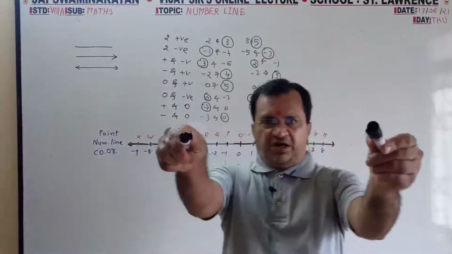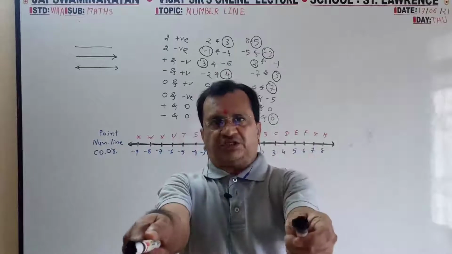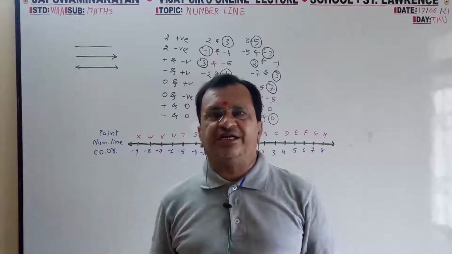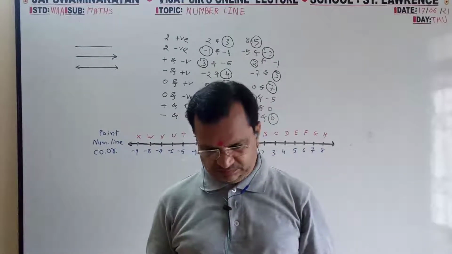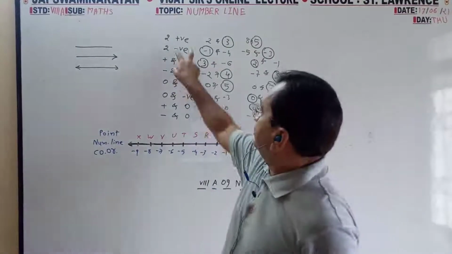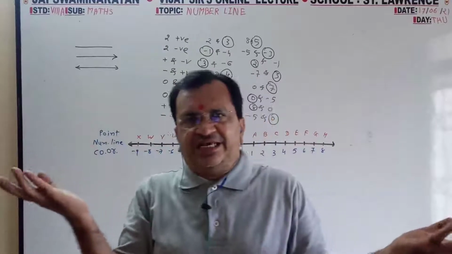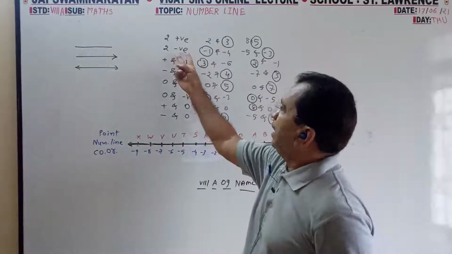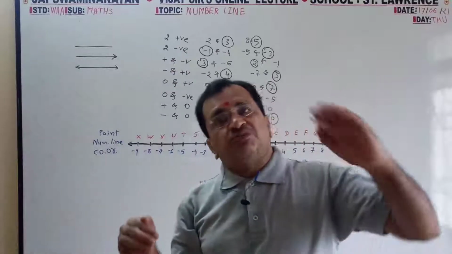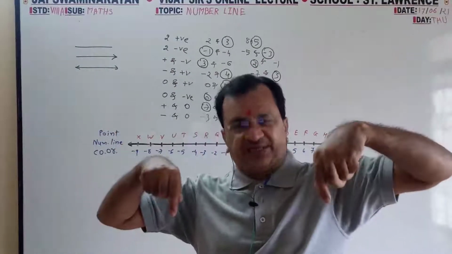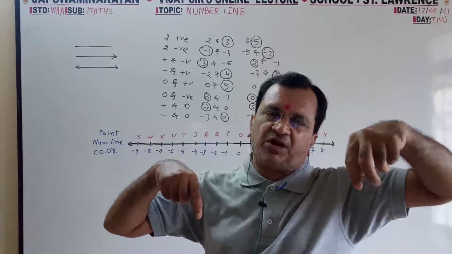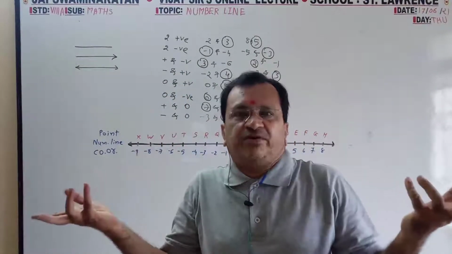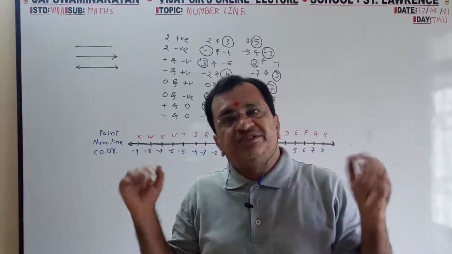So for both numbers, without crossing, just put a pen or a marker. Whichever is on your right is always bigger. From two positive numbers you can very easily identify which is bigger and which is smaller. From two negative numbers, the smaller number is bigger with the negative sign, and the bigger number is smaller with the negative sign. Positive and negative: positive is bigger.